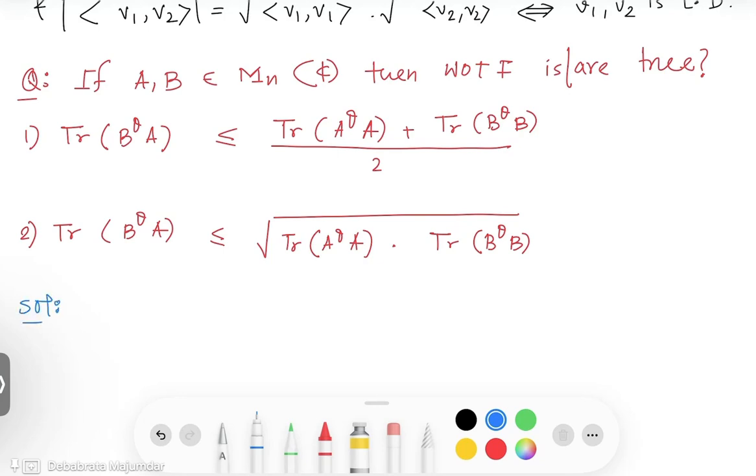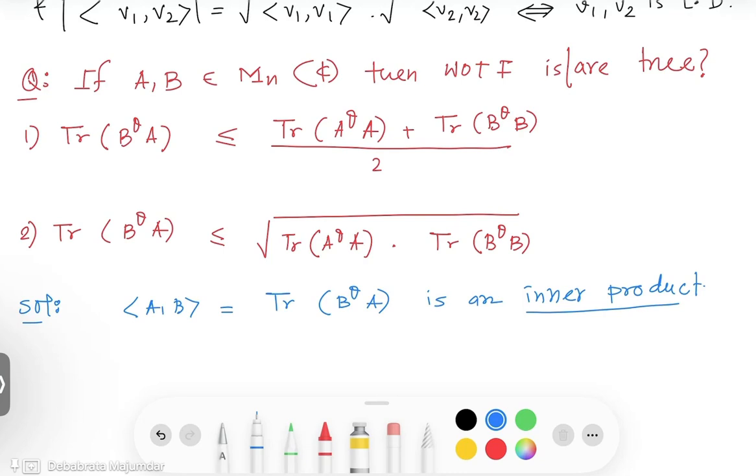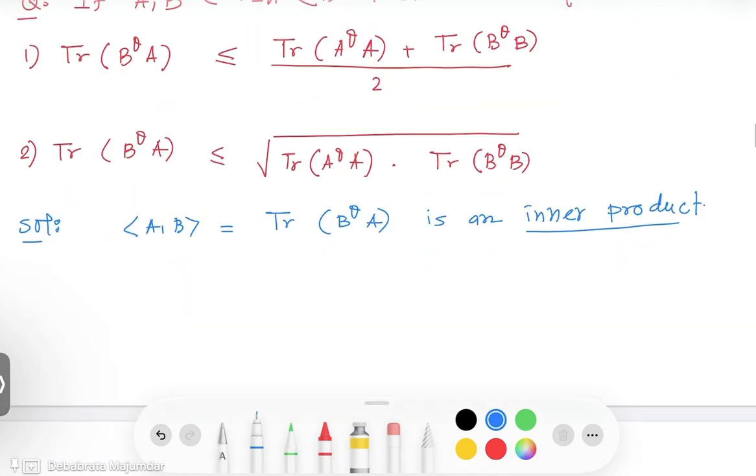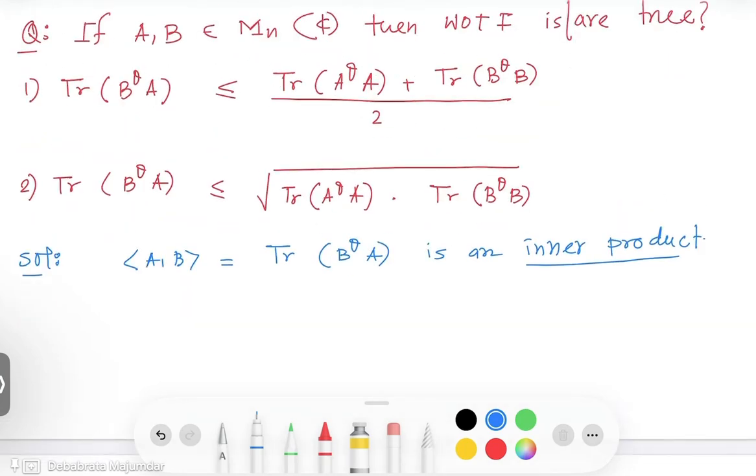So you already know this is an inner product, right? You already know this is an inner product. Now look, I can say this thing by Cauchy-Schwarz inequality.